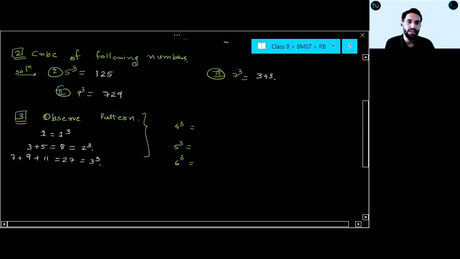Okay, so see here. Now, who will tell me for 4 cube, right? Just understand here. After 1, we have written 3, 5. After 1, next consecutive odd is 3, and we have written 2 times, means 2 consecutive odd numbers. After 5, it is 7, so I have written 7, 9, 11.